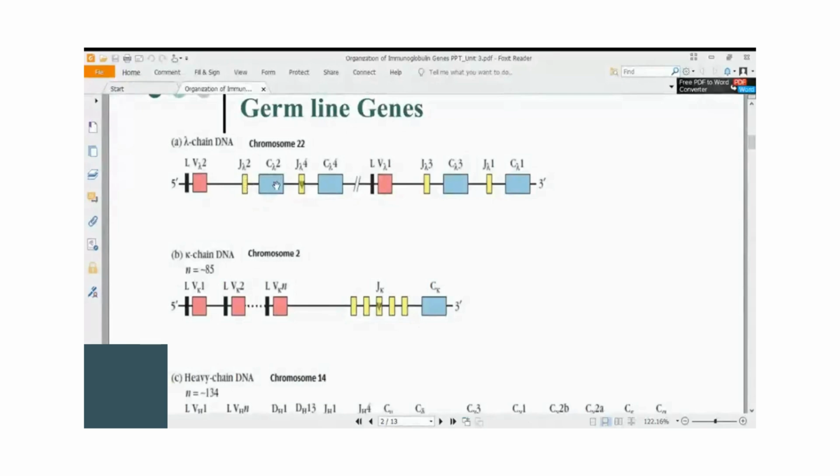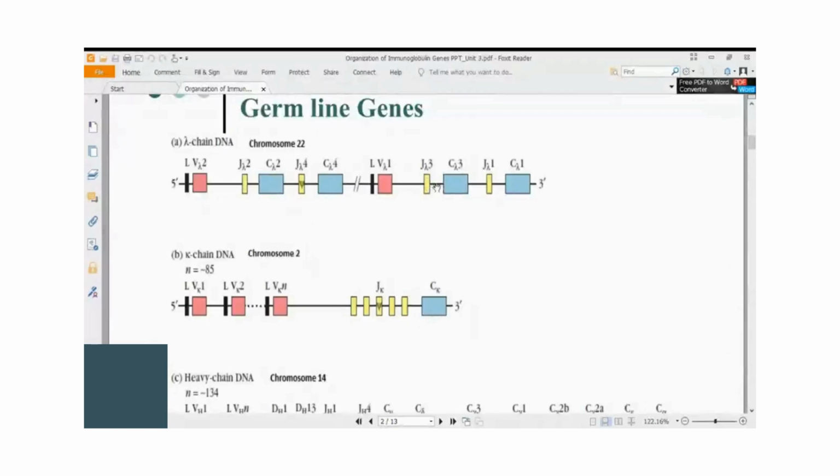So for example, if the constant region is C alpha 2, the J segment will be J alpha 2. Similarly, if the constant region segment is C alpha 3, the J segment will be J alpha 3. And it is always on the 5' end of the constant region, but separated by an intron.